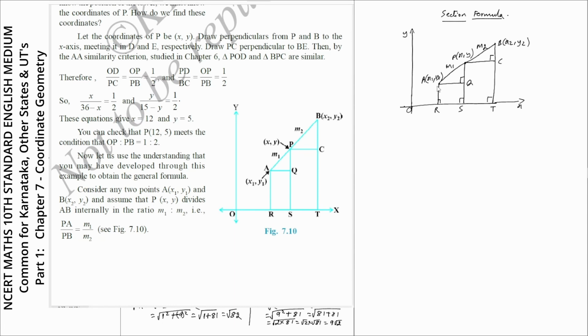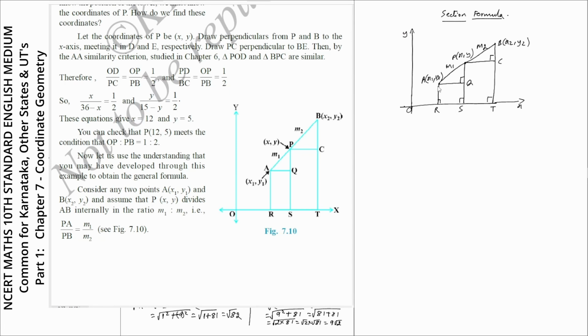A and B are 2 points, and coordinates of A are x1 y1 and coordinates of B are x2 y2, and P is a point, P of x comma y is a point which lies on the line AB. Okay, and P divides the line AB in the ratio m1 is to m2. So AP by PB is m1 by m2. In that way P is lying on AB.